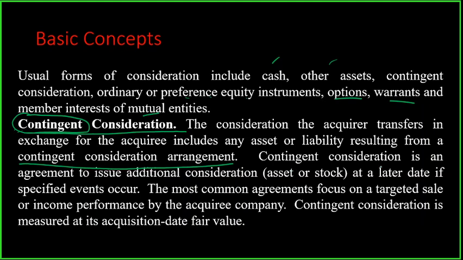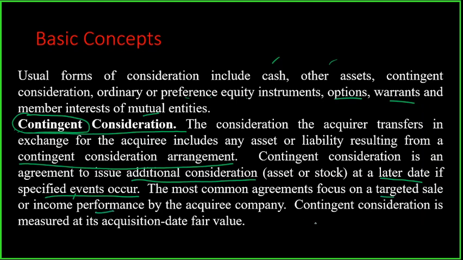A contingent consideration is an agreement to issue additional consideration. It could be an asset or a stock at a later date if specified events occur. So, consideration depending on the happening of a future event. The most common agreements focus on a targeted sale or income performance by the acquiring company. So it's based on certain performance.